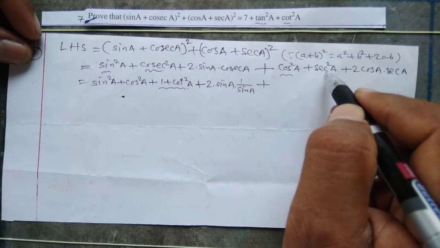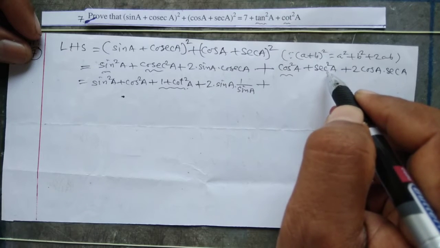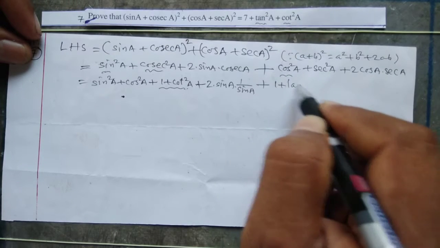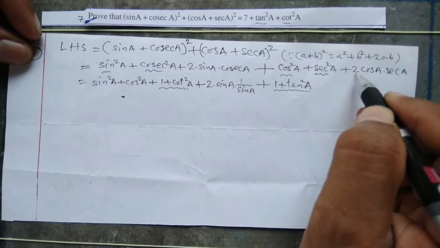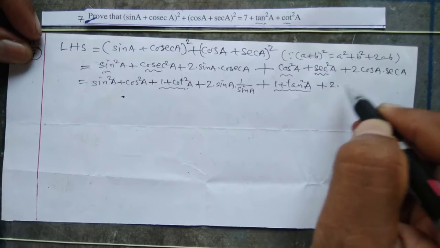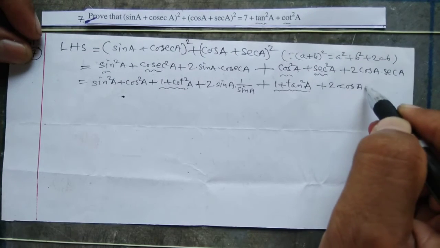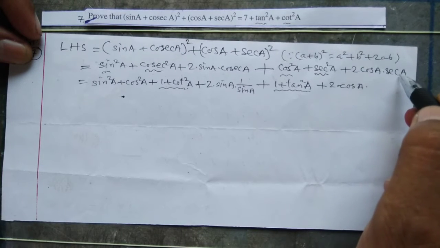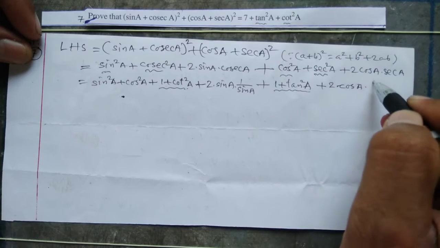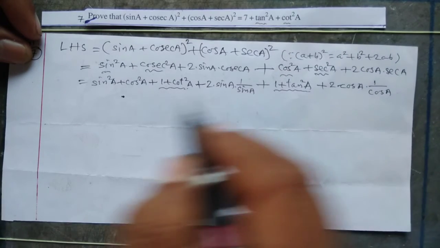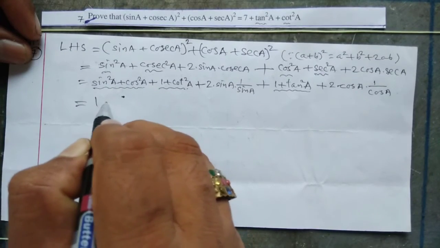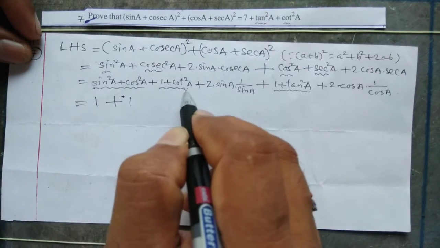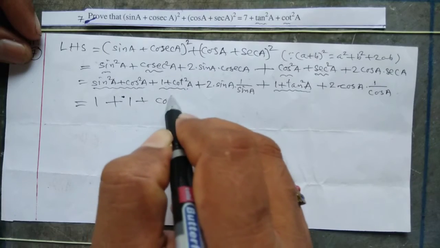For sec square A we have formula, 1 plus tan square A. Plus 2 cos A. Sec is the reciprocal of cos, so we can write 1 by cos A. Sin square plus cos square A is equal to 1, plus this 1, plus cot square A.